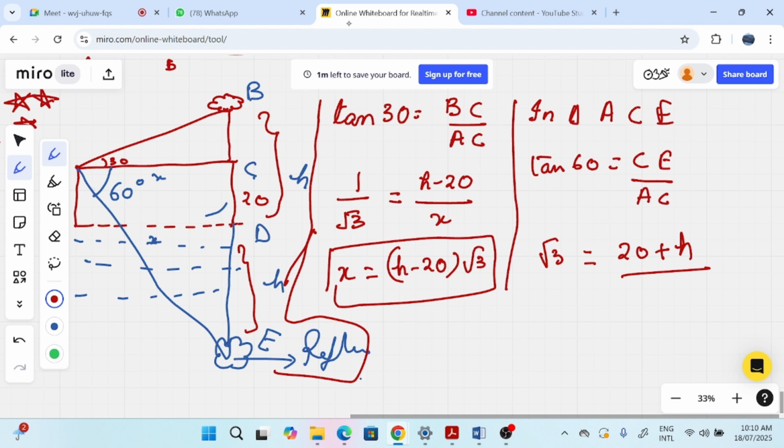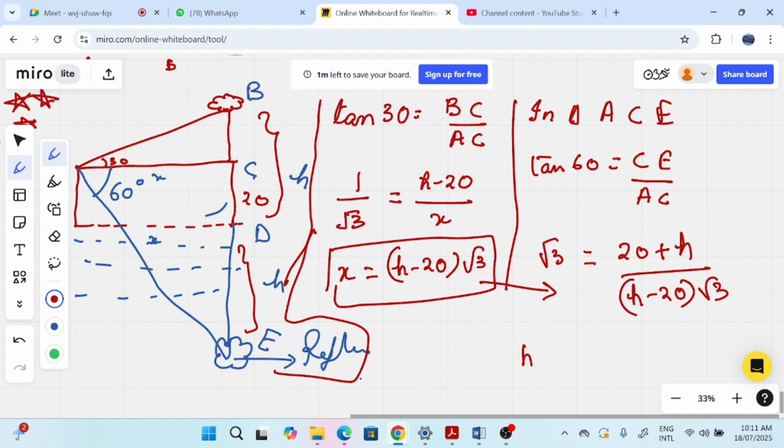And how about AC? We found AC to be H minus 20 root 3. Correct now? So what did we get?